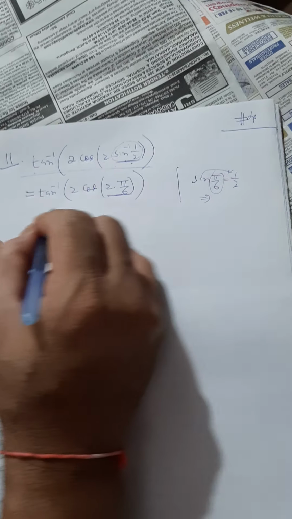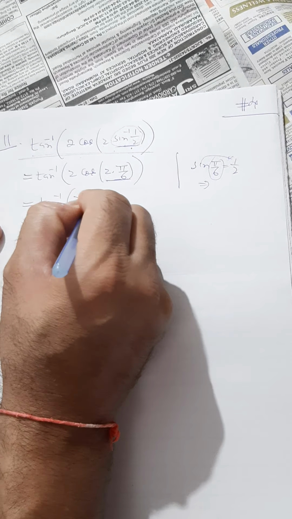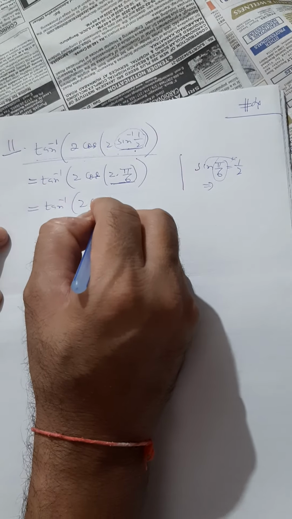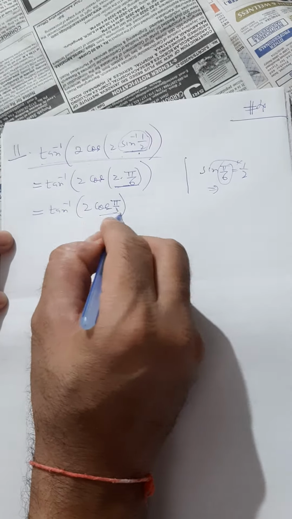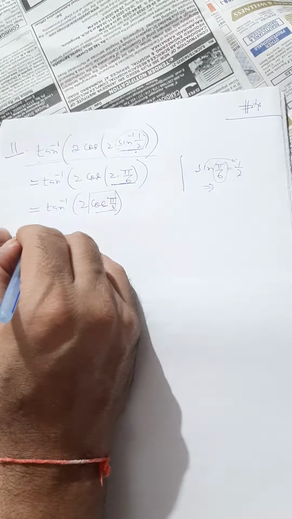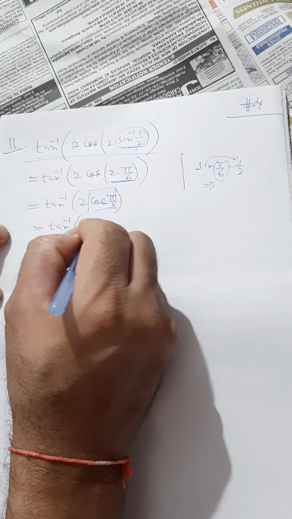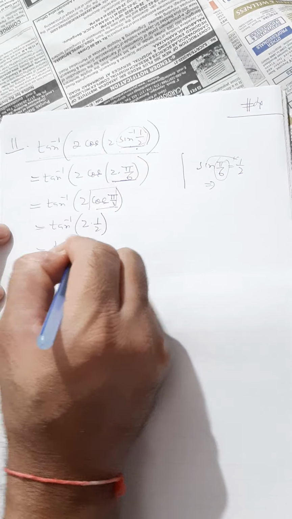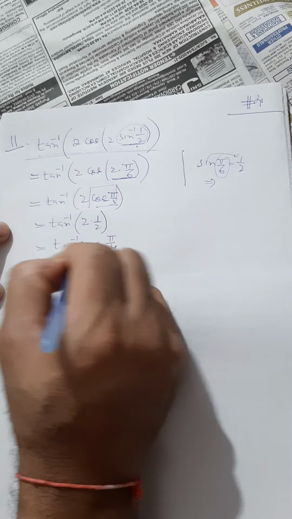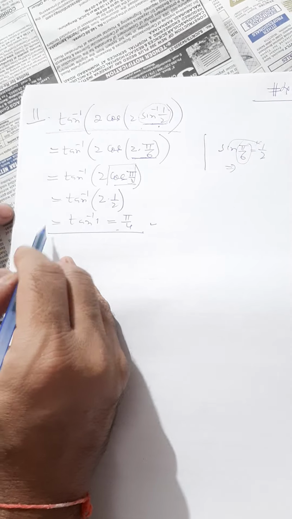So this is 2 times pi by 6, which is pi by 3. Tan inverse 2 times cosine of pi by 3, and cos pi by 3 is just 1 by 2. So this is tan inverse 1, and we also know that tan inverse 1 is pi by 4. So the value of this expression is pi by 4.